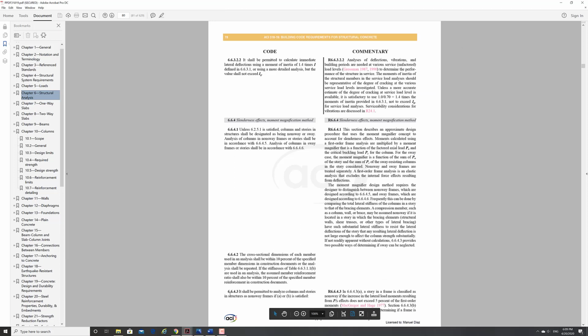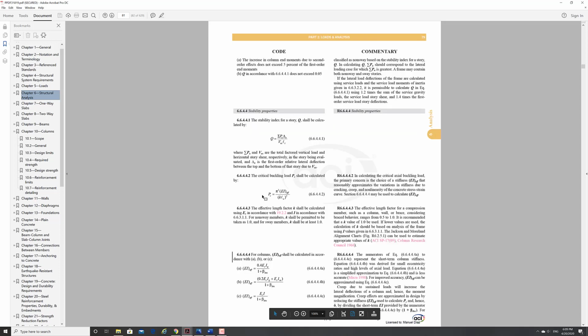You shall be permitted to analyze columns and stories as non-sway if A or B is satisfied. So what is A or B? A is this one: the increase in column end moments due to second order effects does not exceed 5% of the first order end moments. Or you use this Q method, which is described later, right here. So those are the two methods given there.